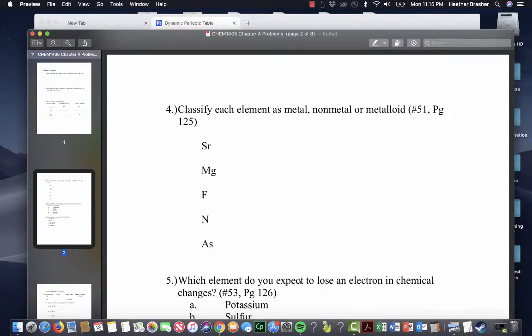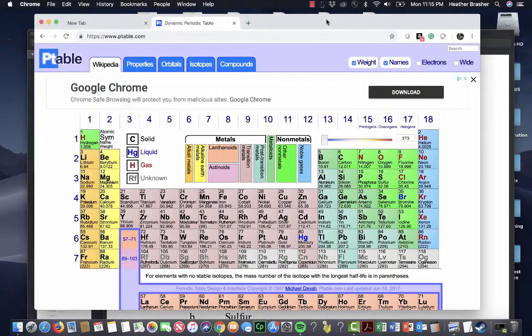Now this next one we're going to go through is number 51. As we go through here, we are going to identify if it's a metal, a non-metal, or a metalloid. So you should be able to look at this periodic table and identify different areas. As you can see, they show you here that these are the alkali metals, the alkaline earth metals here.